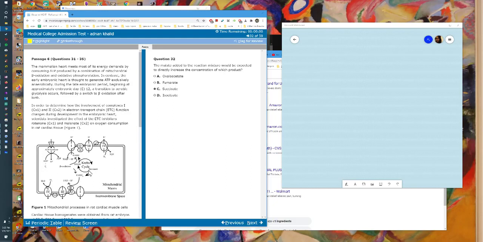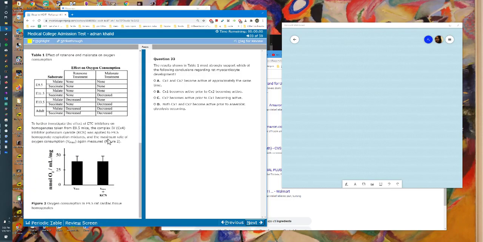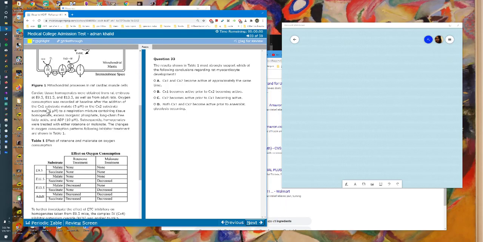Well, succinate's from before, but if you have more malate, it should go forward into oxaloacetate, I think. Succinate, okay.